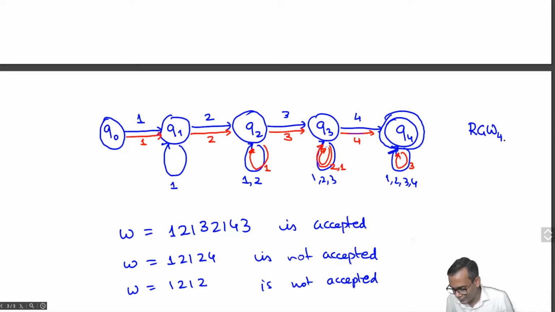And to see that this is indeed that language, recall from the previous lecture how we characterize the language RGWK.